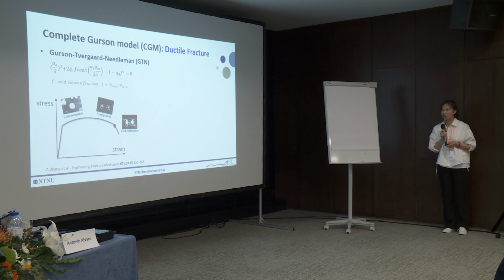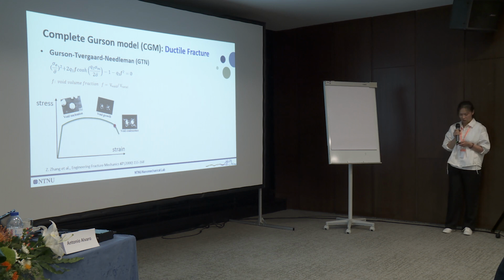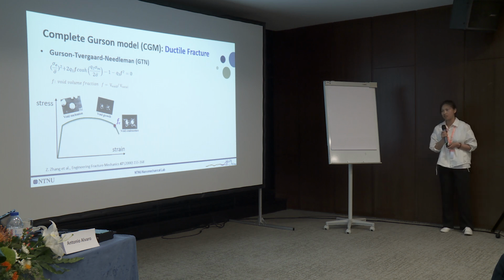This equation describes the yield function of the GTN model. In the GTN model, there is a very important parameter, the void volume fraction f, since this parameter can control the whole voiding process. For example, when the value reaches the critical value fc, void coalescence would happen and failure would happen.